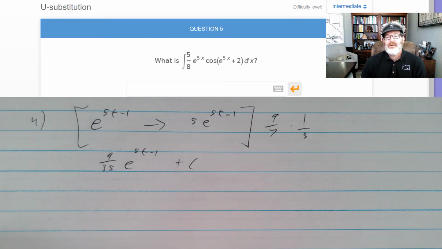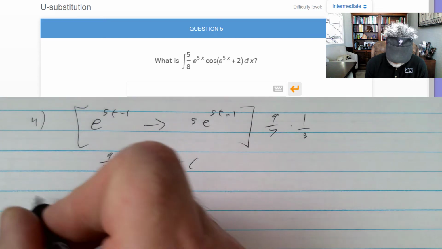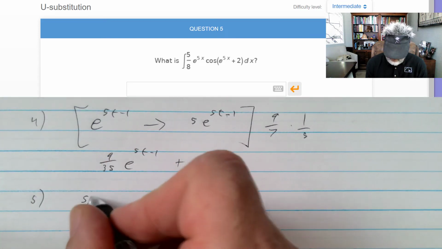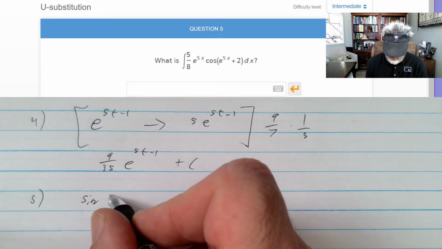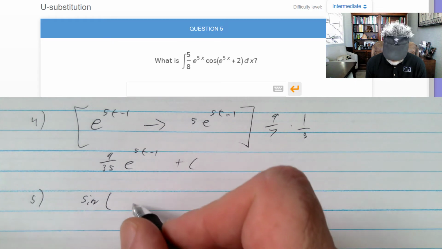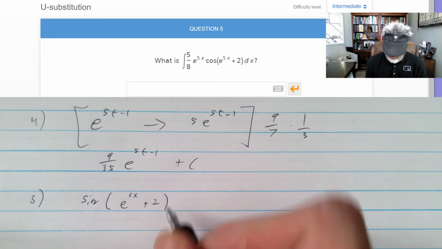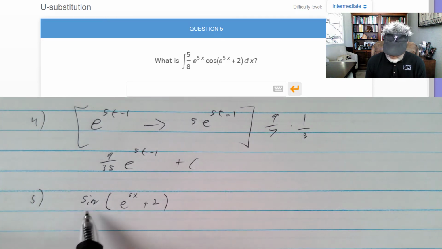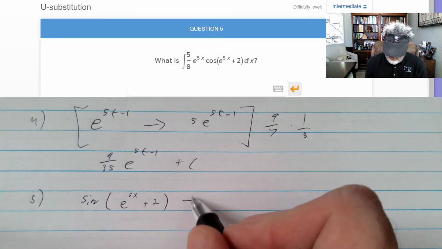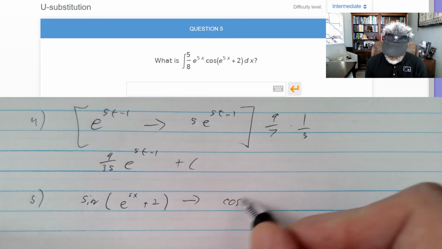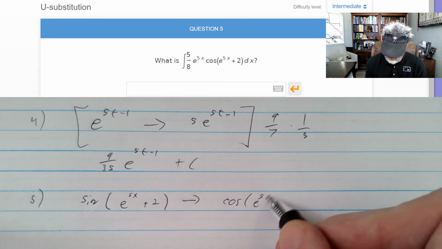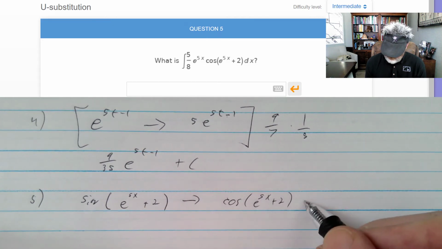So here you have cosine of something, and its derivative will give you that outside part. The integral of cosine is sine. So this one might show the work with the substitution, but I'll just go ahead and guess the answer. All right, so integral of cosine is sine. If I were to take the derivative of this, I would get cosine of the same argument, times the derivative of the argument.